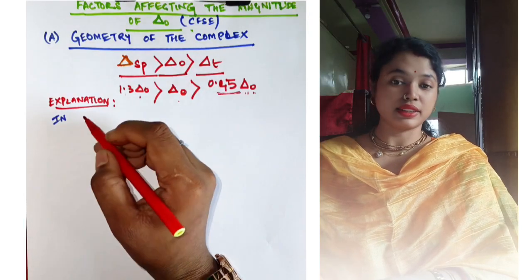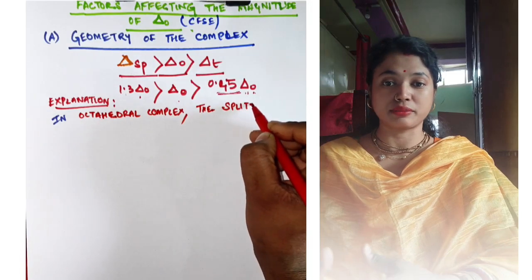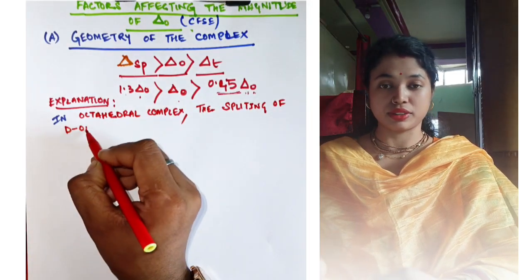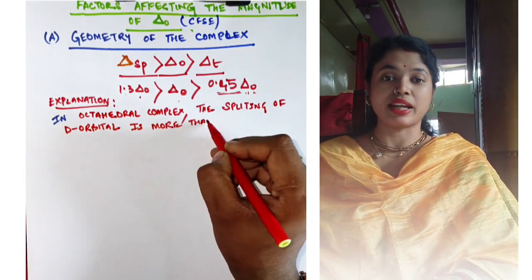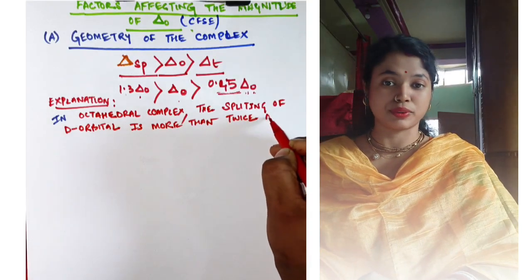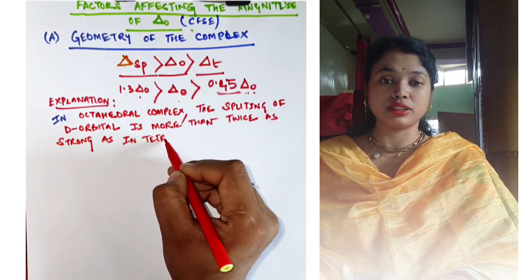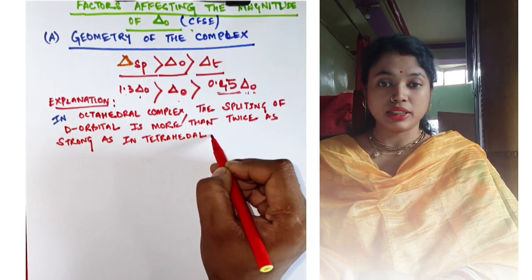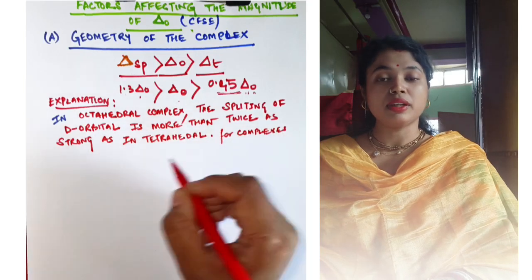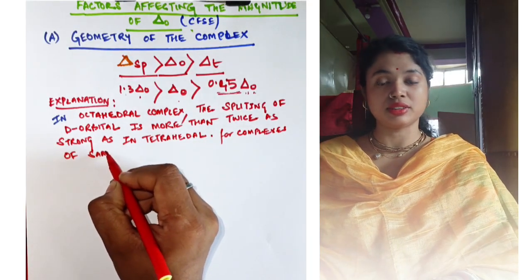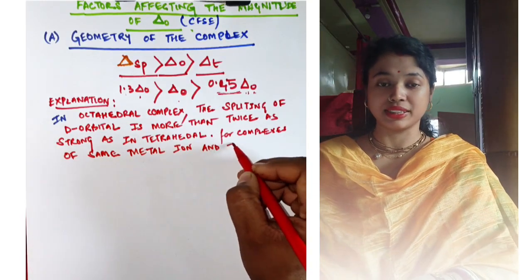In an octahedral complex, the splitting of the orbitals is more than twice as strong as in a tetrahedral complex, for complexes of the same metal ion and the same ligand.